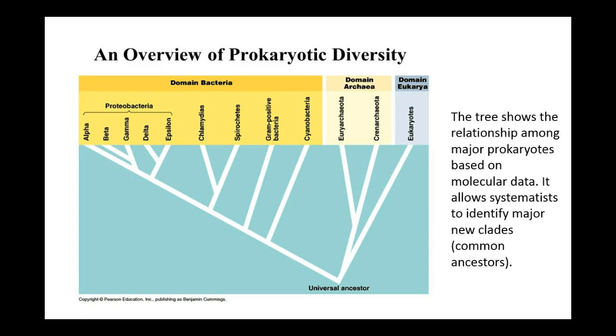This tree is based on molecular data. However, the more we learn about molecular data, this tree tends to be tweaked or altered based on new information. There was new information that came out in the 70s, the ability to use RNA markers.